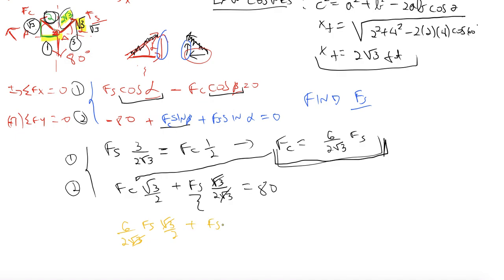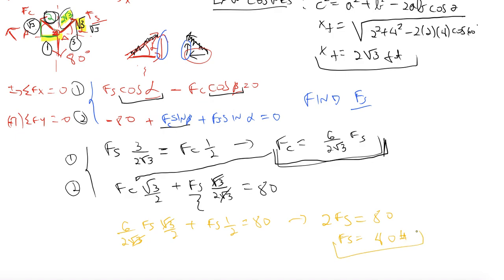Plus Fs 1 over 2 equals 80. If I solve for Fs, I'm going to get 3 over 2 plus 1/2, and that's 2. So 2 Fs equals 80. So Fs is equal to 40 pounds.